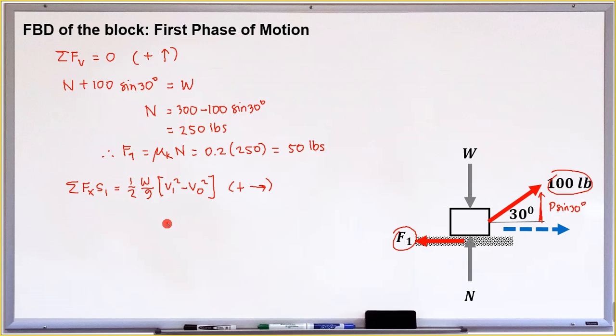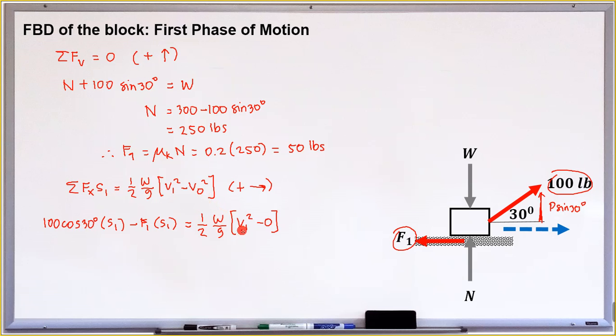The forces acting towards the right: we have one of the components of our 100 pounds applied force, that is 100 cosine of 30, then minus F1, times the displacement S1, is equal to 1/2 W over g times v1 squared minus 0. Why 0? Because the initial velocity is 0.